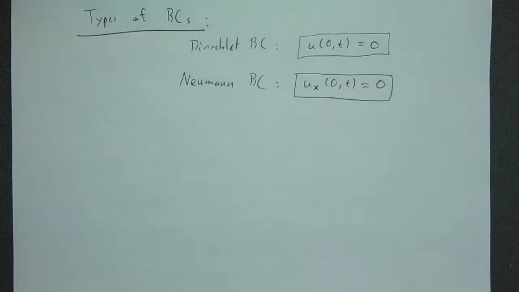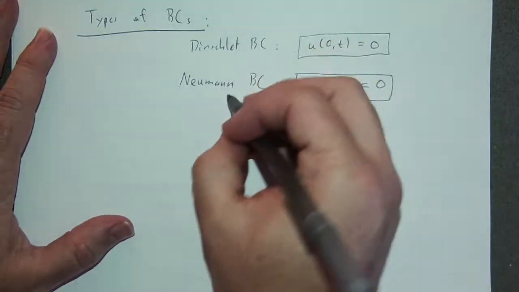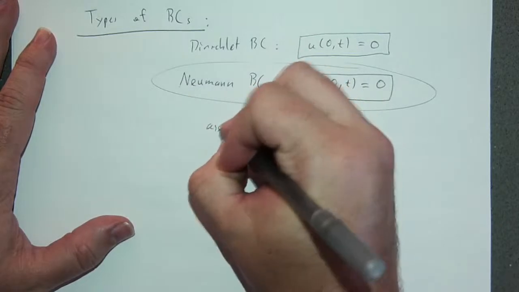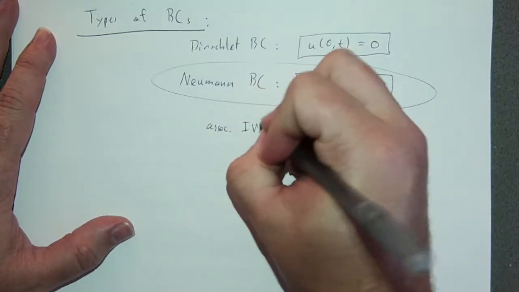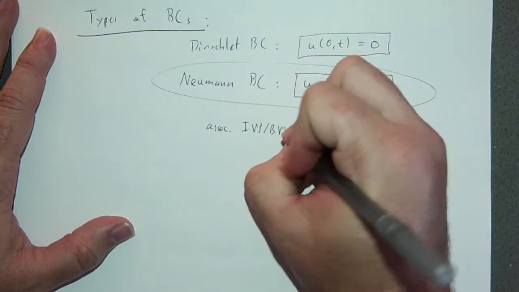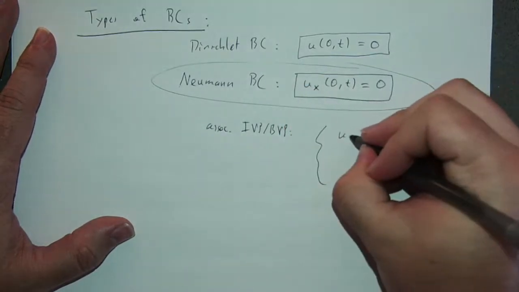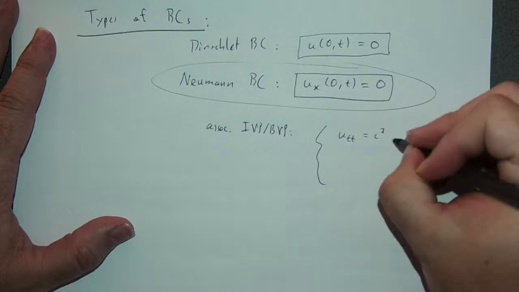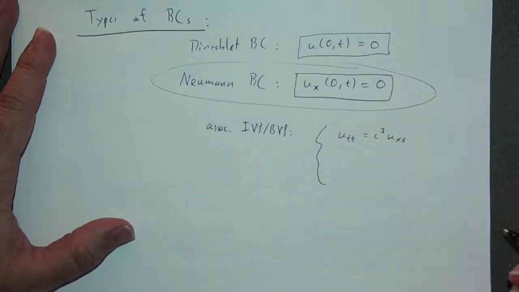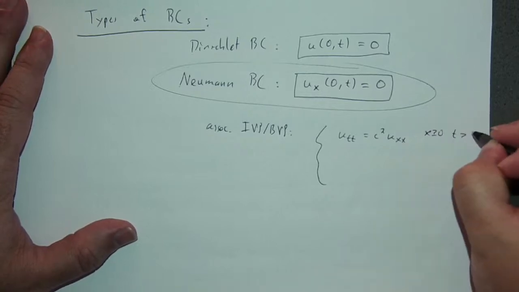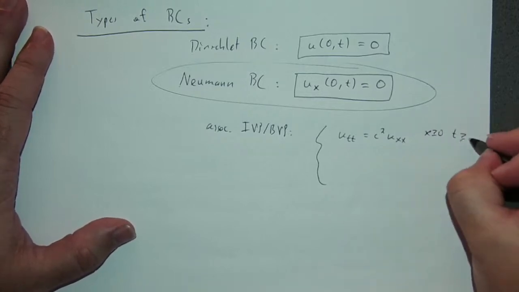So I'll show pictures here in a second. If I had a Neumann BC, the associated IVP-BVP would look like this. u sub tt equals c squared u sub xx, for x greater than or equal to 0, t greater than or equal to 0.